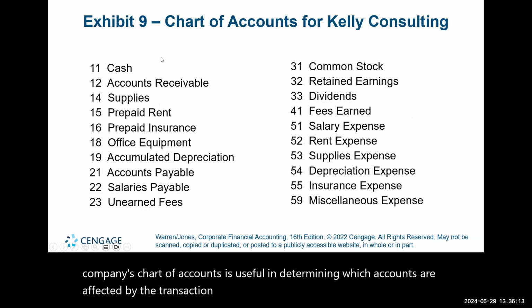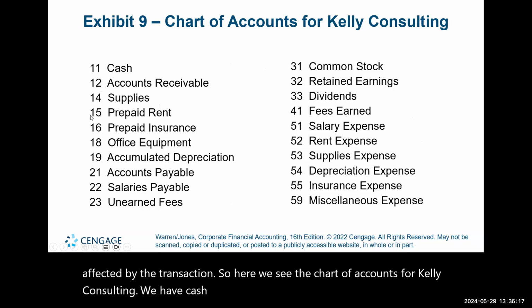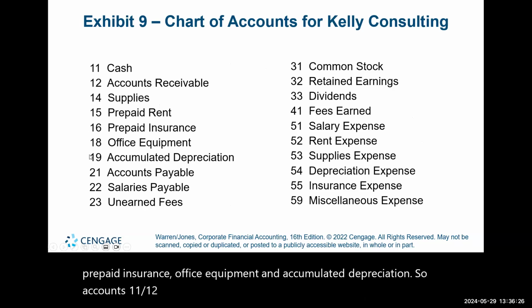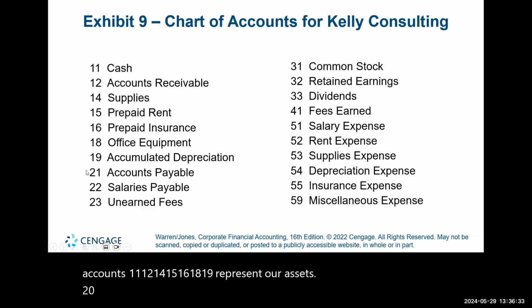So here we see the chart of accounts for Kelly Consulting. We have cash, accounts receivable, supplies, prepaid rent, prepaid insurance, office equipment, and accumulated depreciation. So accounts 11, 12, 14, 15, 16, 18, and 19 represent our assets. 21, 22, and 23, these accounts represent our liabilities. 31, 32, 33, these represent our stockholders' equity.